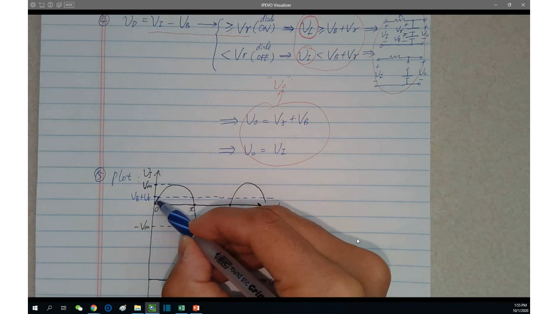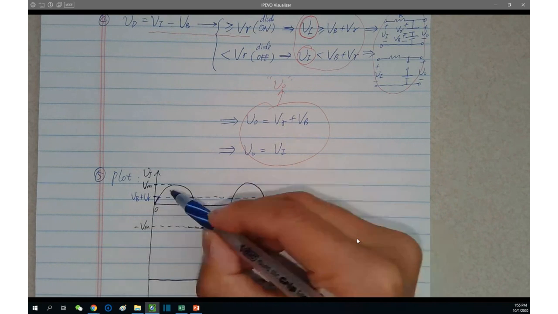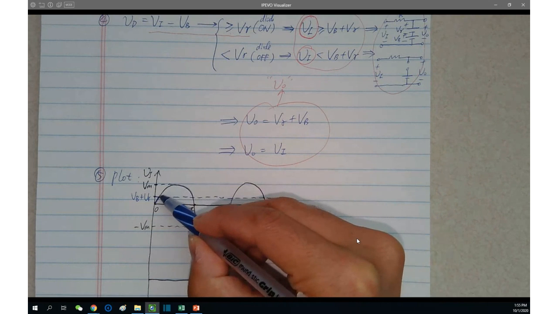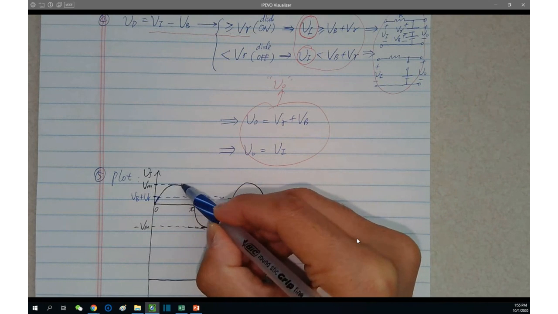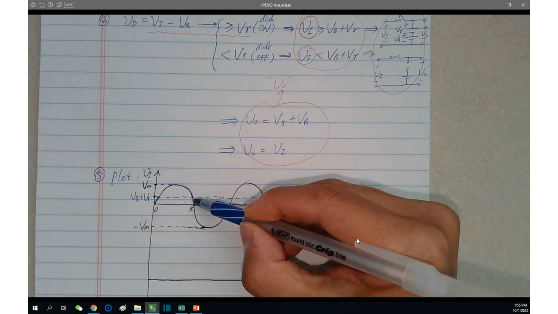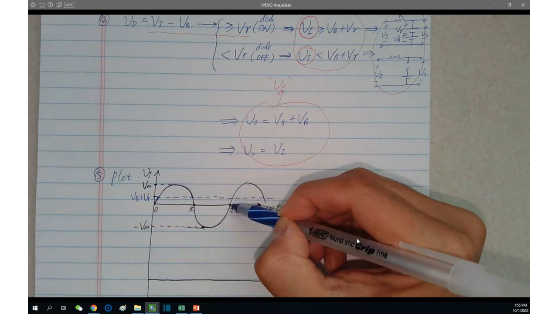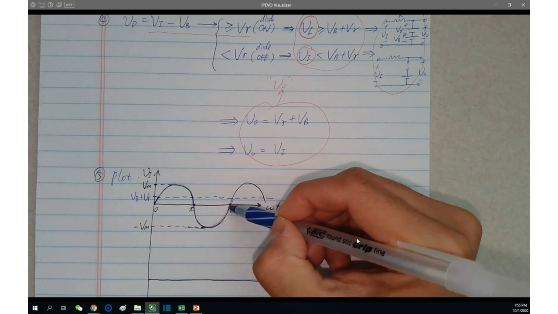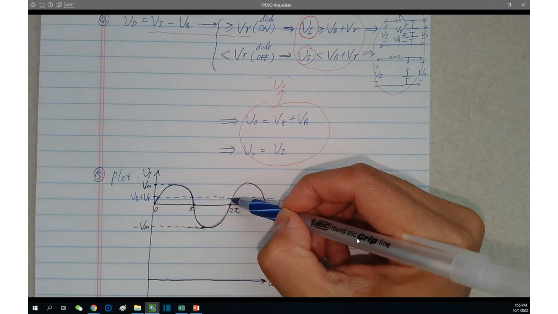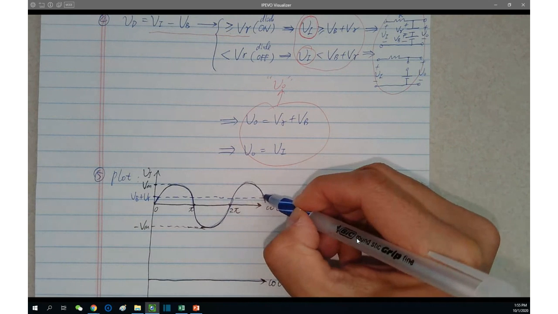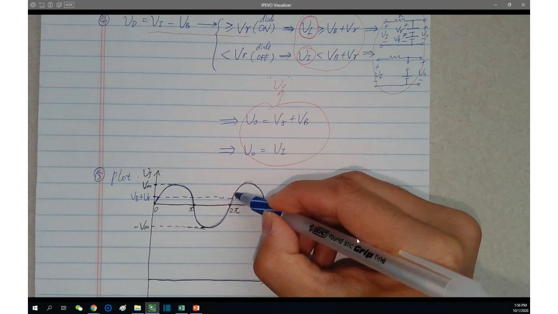VI is less than VB plus V gamma. How about this part? VI is greater than VB plus V gamma. Does it make sense? And then what? This part means VI again less than VB plus V gamma. And then this part, VI is beyond the VB plus V gamma.